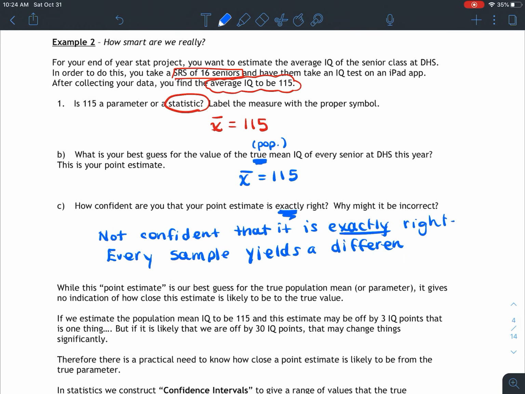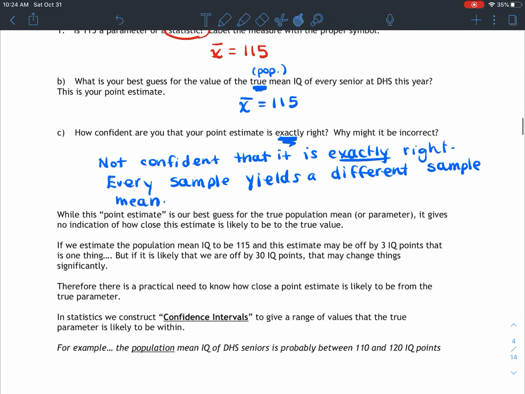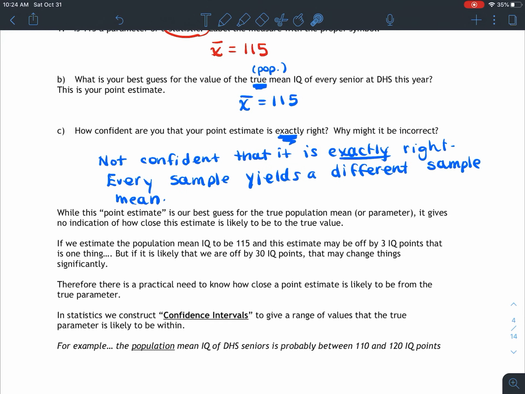Okay, we learned that when we did sampling distributions. So every sample is going to yield a slightly different sample mean. Okay, so here's what we're going to focus on here. It is true that while our point estimate is actually just our best guess for what the true population mean IQ would be for Dover High School students, it doesn't actually give us any indication of how close the estimate is to the true population value.